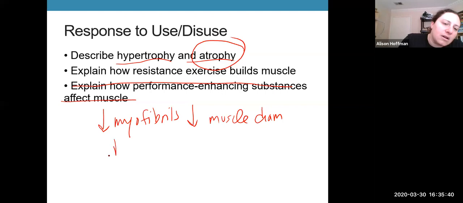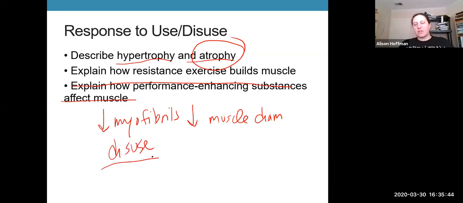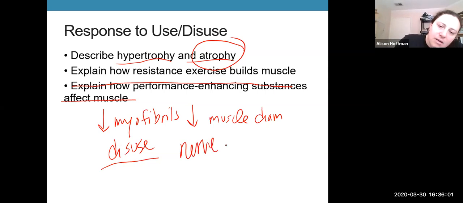So this can occur because of disuse. The less we use our muscles, the less muscle we're going to have. It's just like the less we use our bones, the less bone we're going to have. Our body is efficient, and it's not going to waste time maintaining big muscles if we're not using big muscles. But this can also occur when there's nerve damage.